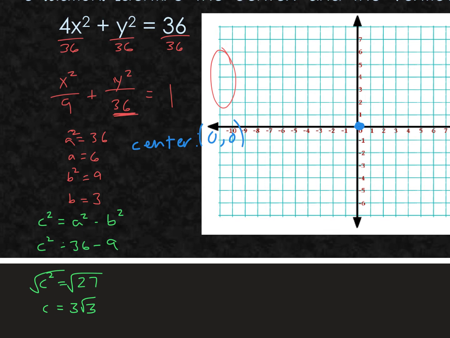We said we have a vertical ellipse, so that means our major axis goes up and down. So a is the distance from our center to our vertex on the major axis. So we're going to go up 6, and we go down 6.